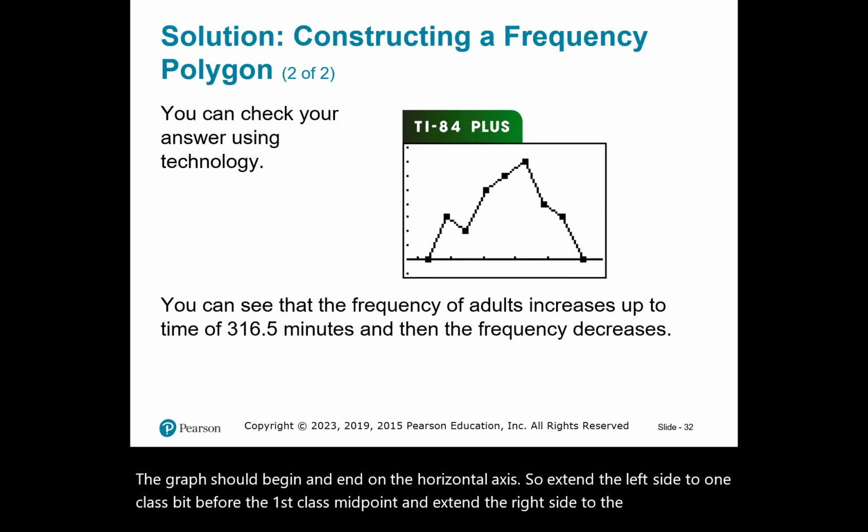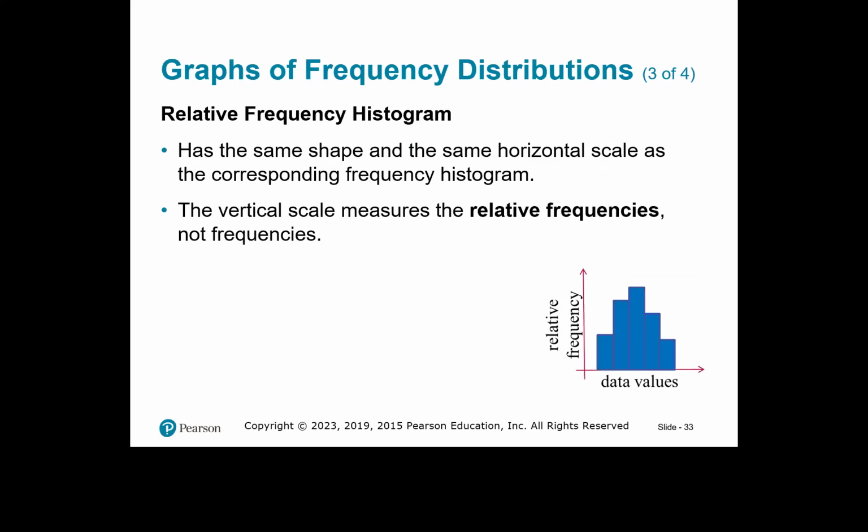You can actually construct a frequency polygon with some technology, and here in the slides they showed you how you can do it with a TI-84 calculator, but there must be other technology to do this. Relative frequency histogram has the same shape and same horizontal scale as the corresponding frequency histogram.